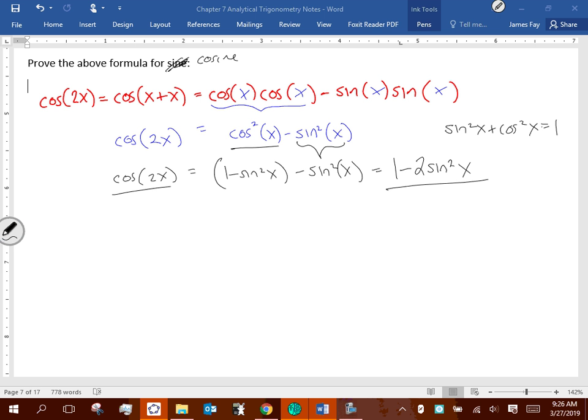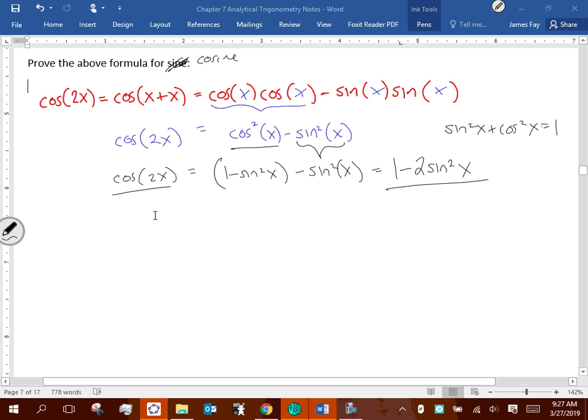Which, is that useful to us? It shouldn't be, because we should know all those points, right? Okay? But in regards to solving equations, it is going to be nice to be able to get rid of the cosine. If I solve cosine 2x, it might be nice to get rid of that and bring in a sine.